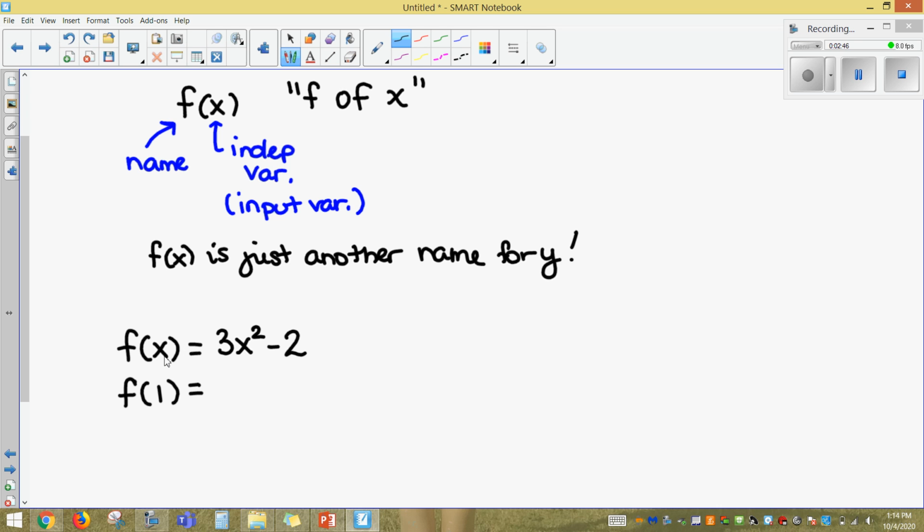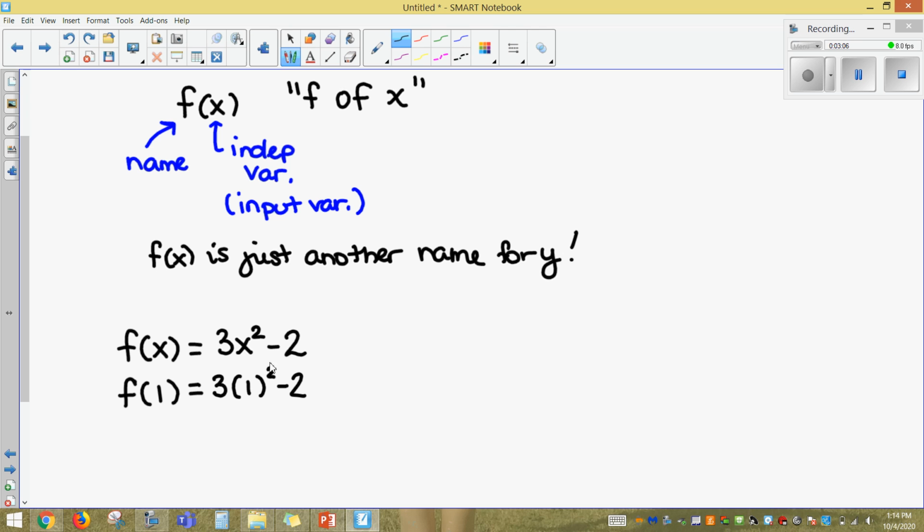So if I know f of x equals 3x squared minus 2, then if I'm asked to find f of 1, that means I go back to the expression I was just given, and every place there's an x, I'm going to put, in this case, a 1 instead.